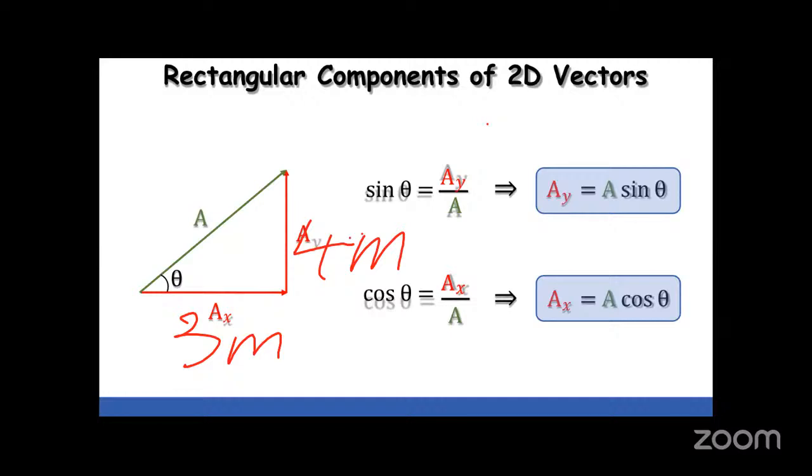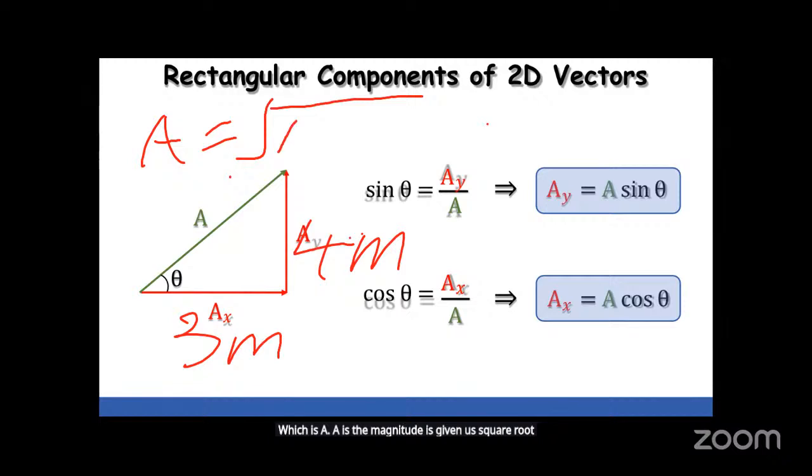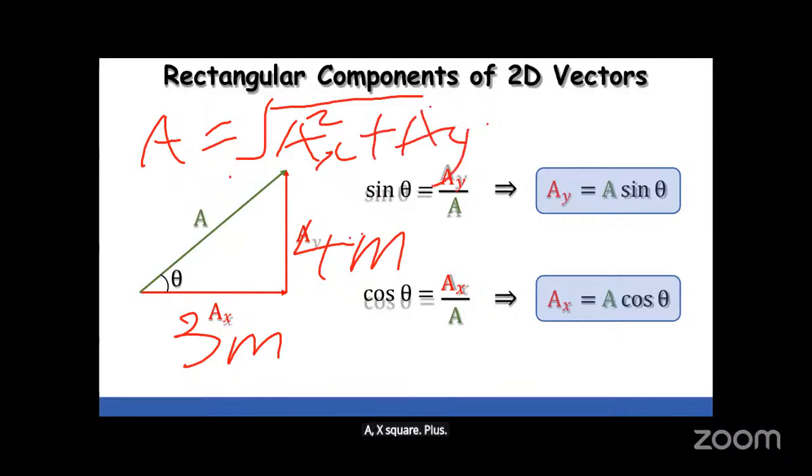So to find the magnitude, which is A, it is given as the square root of Ax square plus Ay square.